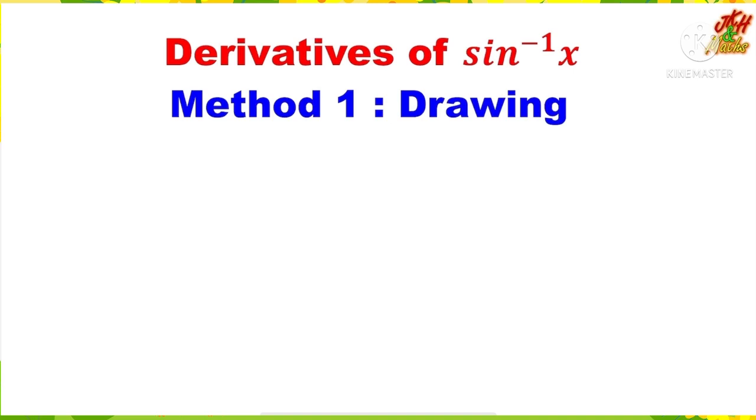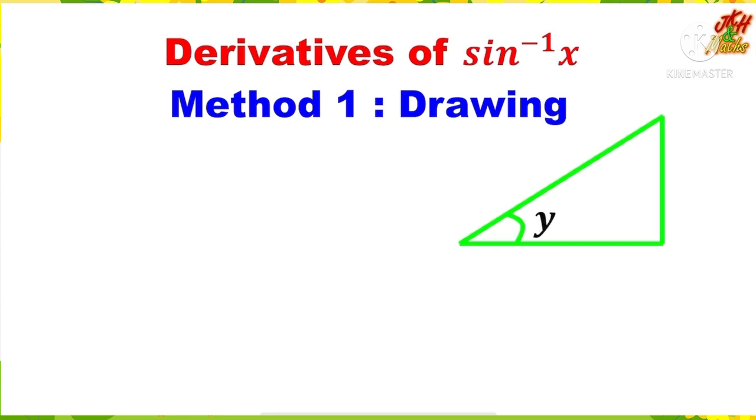So in order to find the differentiation of arc sine x, there are two methods. Method number 1, we use a drawing method, where this is a right angle triangle, where the angle is y.